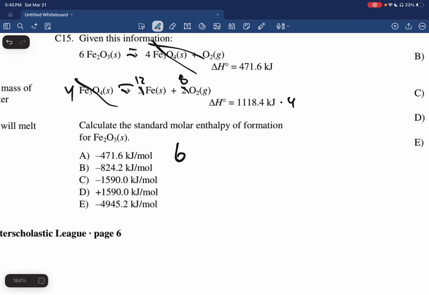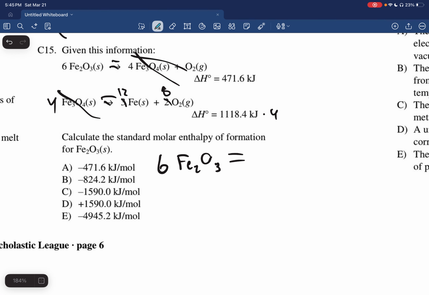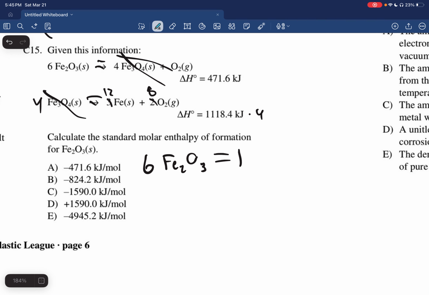When we do that, we'll end up with 6Fe2O3 equal. We'll keep the equal sign because it'll make it easier to sort of visualize. And so we multiplied this by 4, so we have 12 iron. And then we multiplied this by 4, so we have 8 oxygen, plus this 1 oxygen, because we're adding down, remember? So we have plus 9 oxygen.